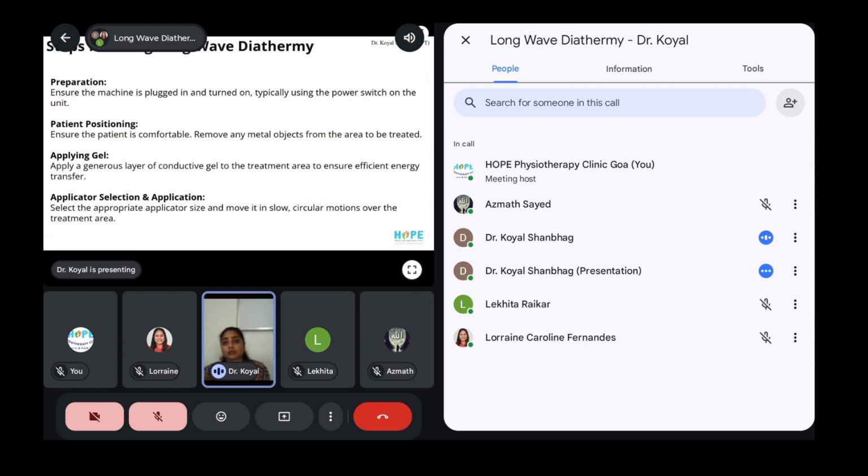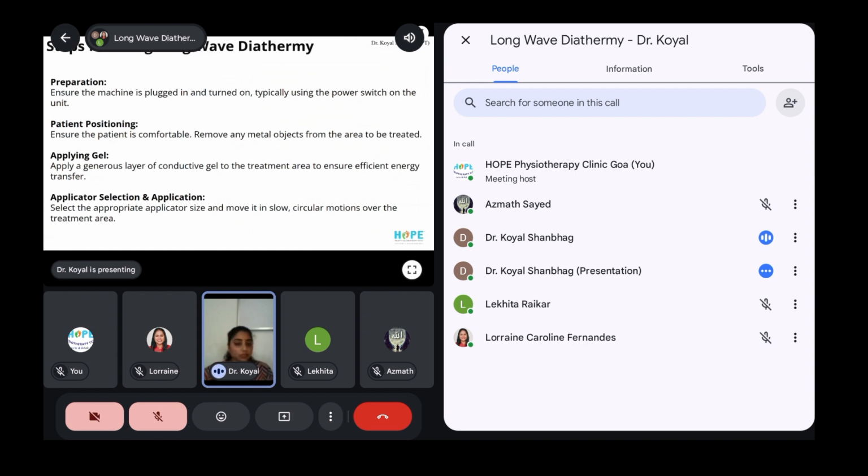So what are the steps that we have to do while using long wave diathermy? One is to ensure that the machine is plugged in, and patient positioning is the next thing. See that the patient is comfortable. If there are any metals on the area to be treated, we are supposed to remove them. Then apply the gel in a proper manner, a generous layer. This is a conductive gel. It will ensure that the electromagnetic waves penetrate deep inside.